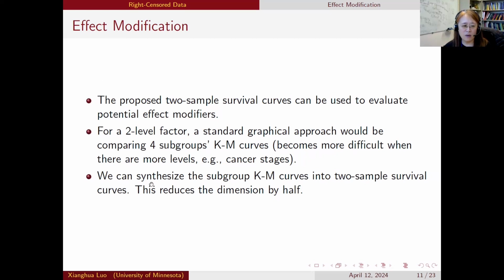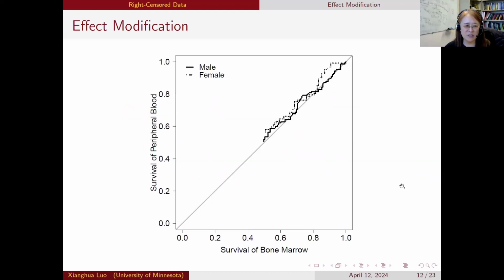Using our method, we can synthesize these many subgroup Kaplan-Meier curves into half as many two-sample survival curves. So here is what I mean. For the bone marrow transplant data, again, we plot the survival probability of one treatment arm, which is the peripheral blood group, versus the bone marrow transplant group.